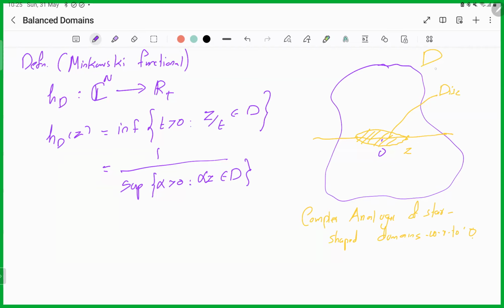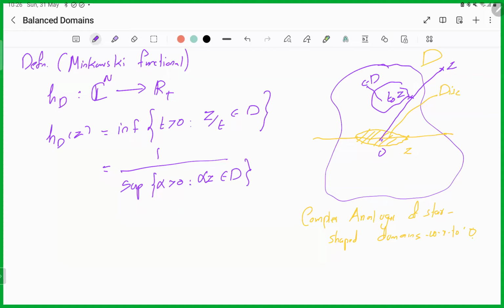Suppose I take z here outside. It measures the reciprocal of the maximum dilation of the vector z such that the dilated vector t naught z belongs to D.